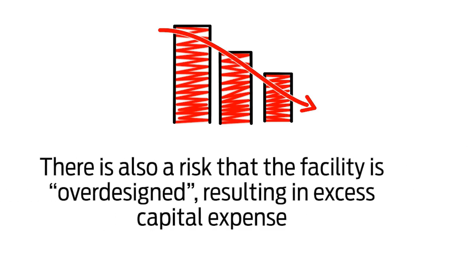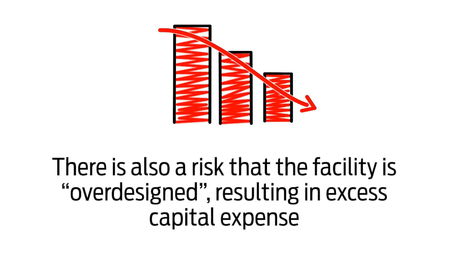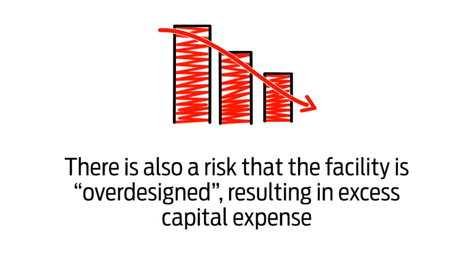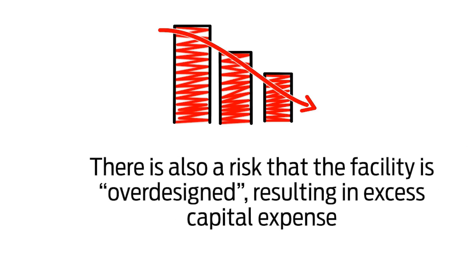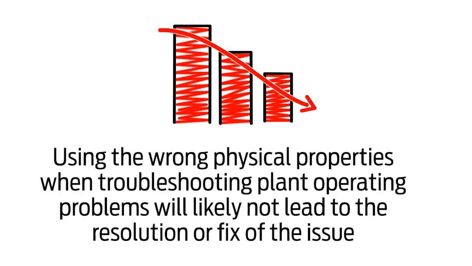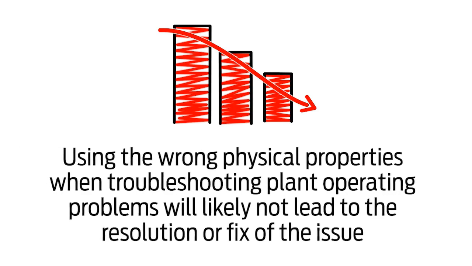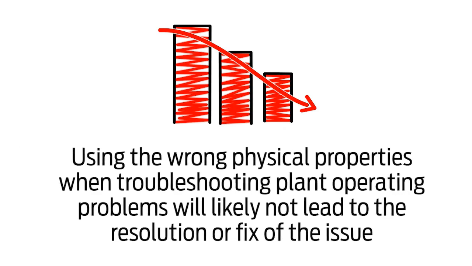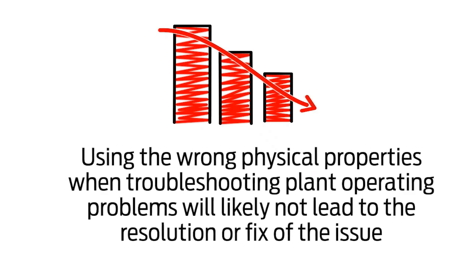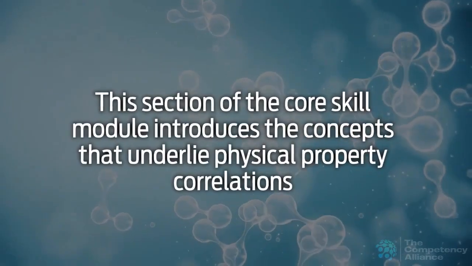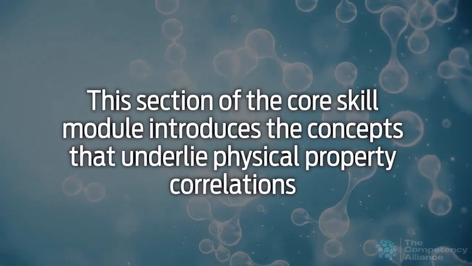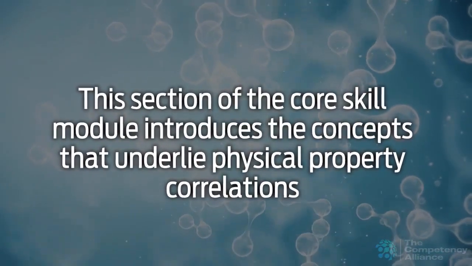On the other hand, there is also a risk that the facility is over-designed, resulting in excess capital expense due to purchasing equipment that is too large. Using the wrong physical properties when troubleshooting plant operating problems will likely not lead to the resolution of the issue. This section of the core skill module introduces the concepts that underlie physical property correlations.